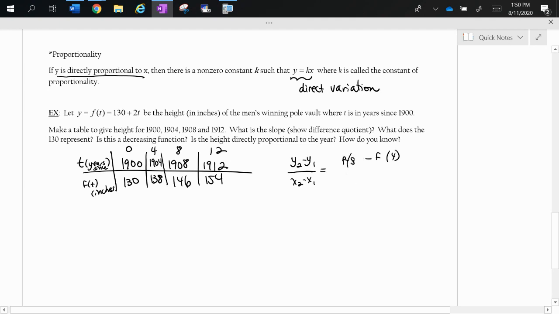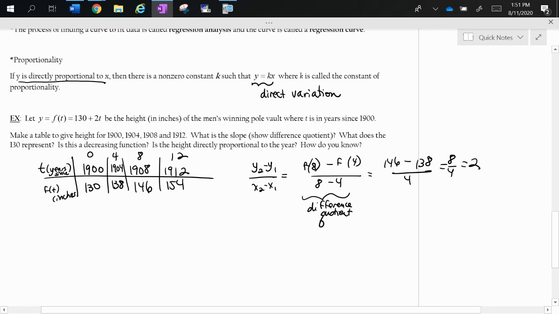F of 8 minus f of 4 over 8 minus 4. So this is my difference quotient here. The difference and a quotient. So we've got 146 minus 138 over 4, which is 8 over 4, which is 2. So in this case, my units for my slope are, we've got 2 inches per year.